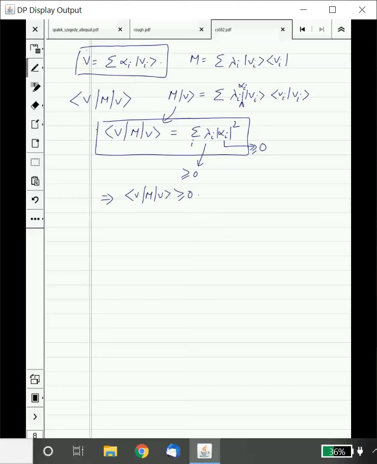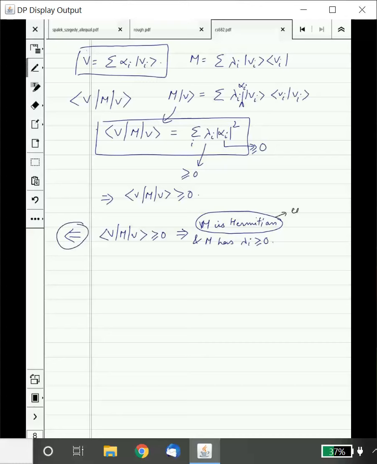Now we will prove the other direction, which is that if v*Mv is greater than or equal to 0, this implies M is Hermitian and M has non-negative eigenvalues. The first part is actually easy.